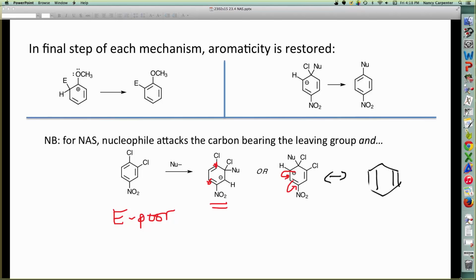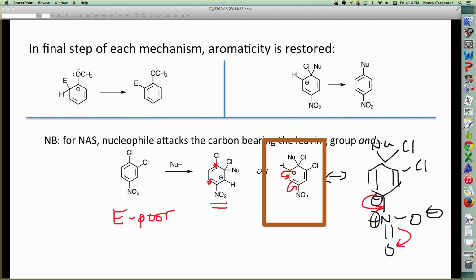So here's our nitro group, here's our negative charge, and now we can get that extra stabilization that makes the whole intermediate more stable.